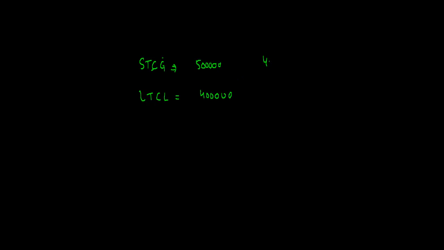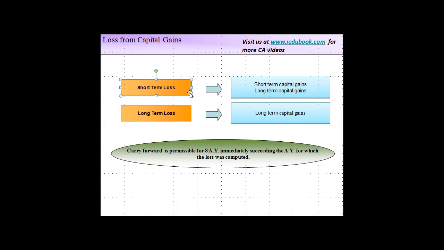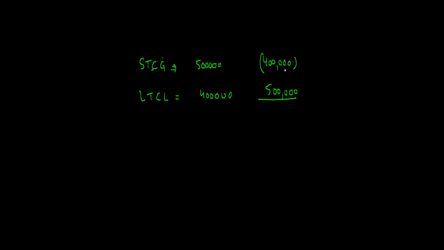Situation 2, you have 400,000 here and 500,000 here. Let's see the provision. Short-term capital loss can be set off against long-term capital gains. So you can set this off against this and you pay taxes only on 1 lakh.